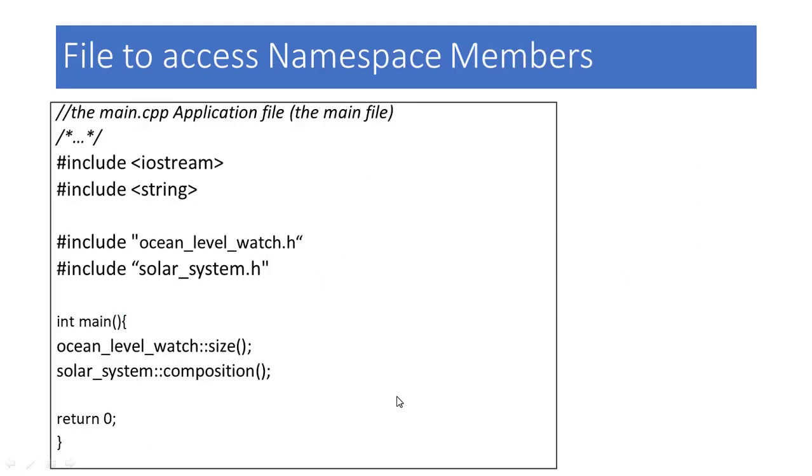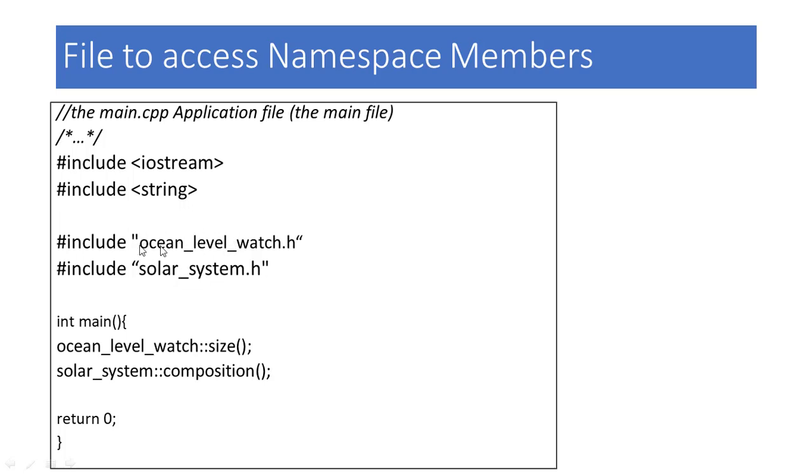Now, accessing namespace members. This is a file to access namespace members. The main.cpp application file, that is the main file for our application. We can add some header files here, but here it says include iostream, include string. Now include "ocean_level_watch.h" inside double quotation marks.